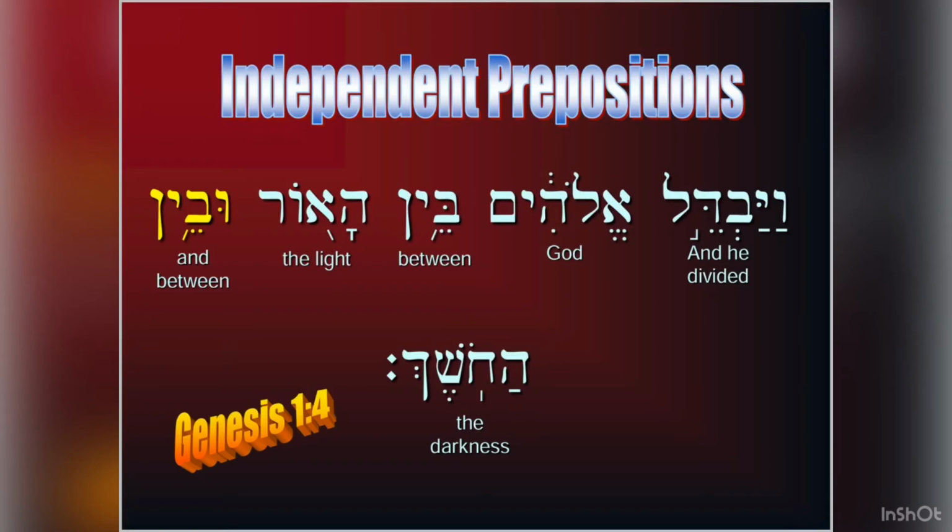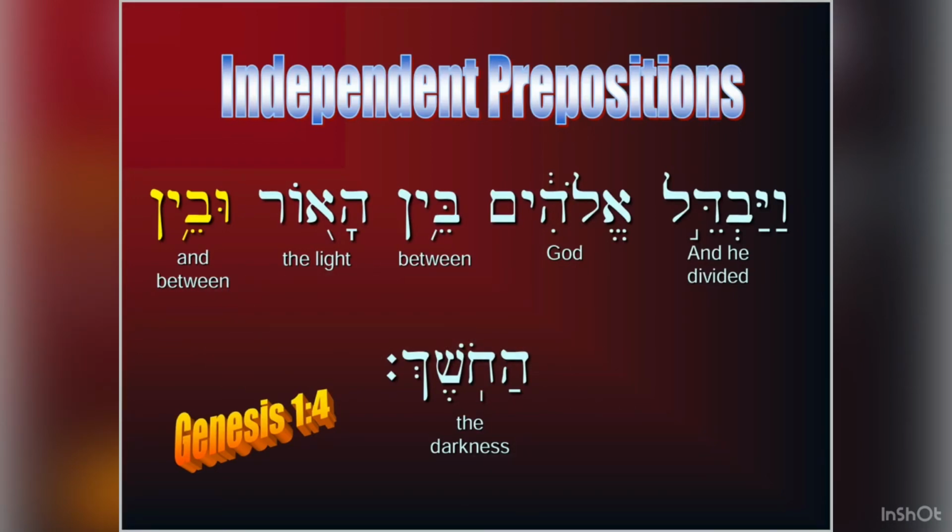You see the first independent preposition here, ben, which means between. And then, uvein, which means and between. So how do we translate the whole sentence? And he divided, God, ben is between, ha-or is the light, uvein is and between, ha-koshek is the darkness. So what will be the proper translation? And God divided between the light and between the darkness.